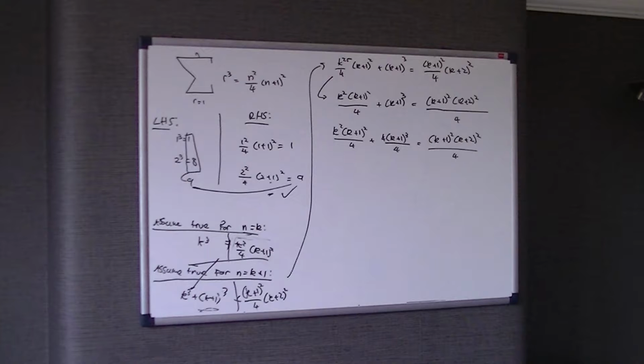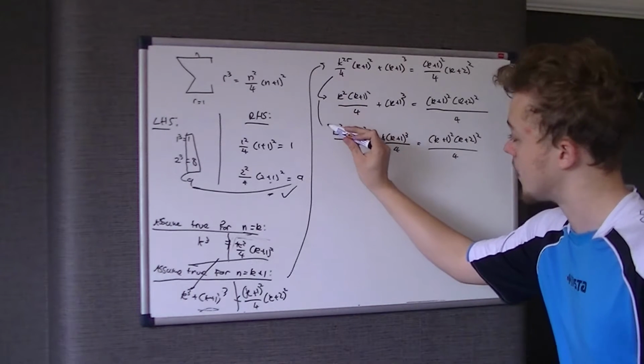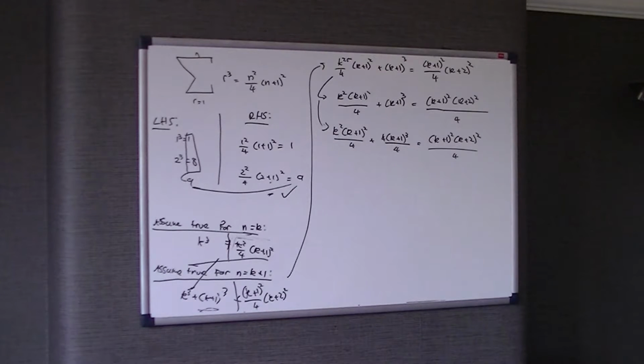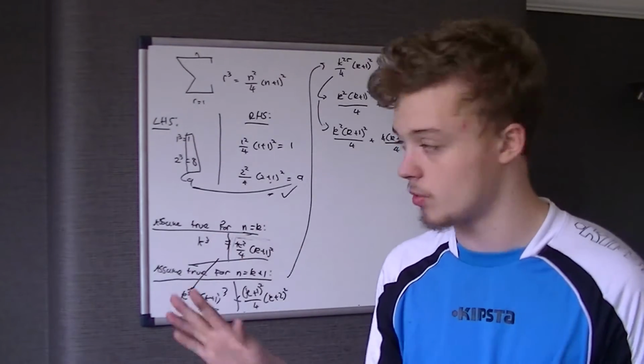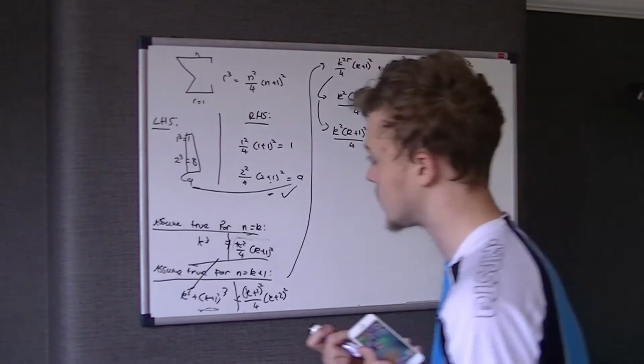Okay, so what we need to do now is make this left hand side look like the right hand side. Personally, it doesn't matter which order you expand these two in, obviously. Because we've just expanded this (k+1) all squared, not in this part of the question, in a previous sum, it's quite easy to remember.